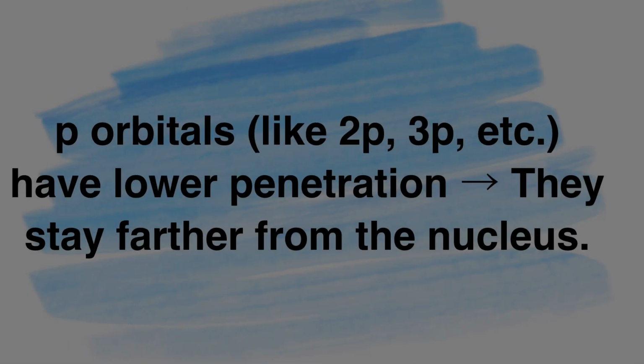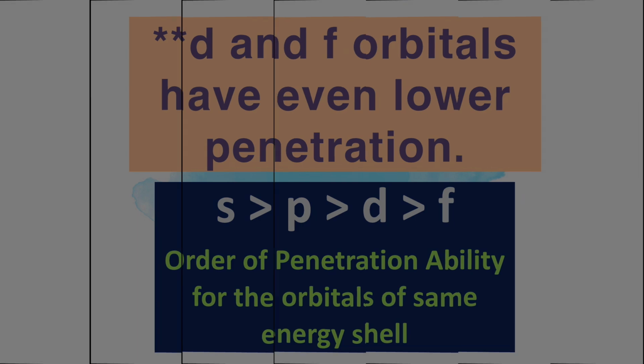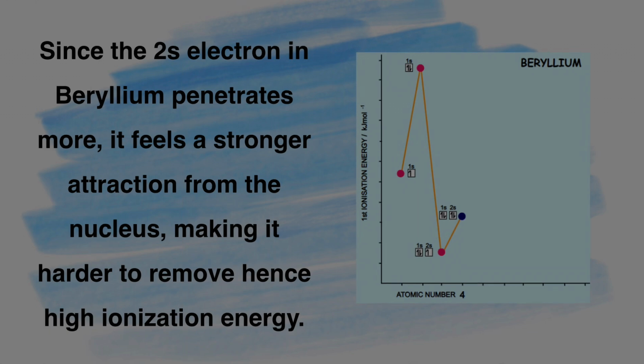Whereas p orbitals have lower penetration ability in comparison to the s orbital, meaning they stay farther from the nucleus in comparison to the s orbital. D and F orbitals have even lower penetration. It means D orbitals have lower penetration ability in comparison to P, and F orbitals have lower penetration ability in comparison to D orbitals. Now come back to the topic.